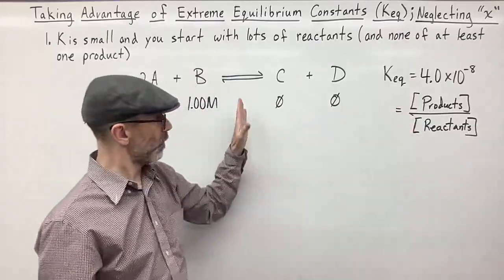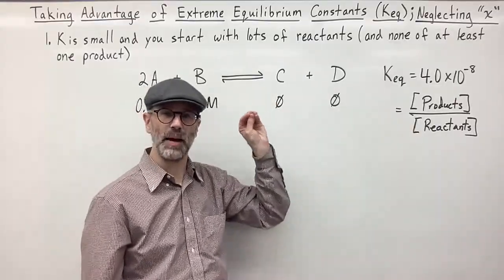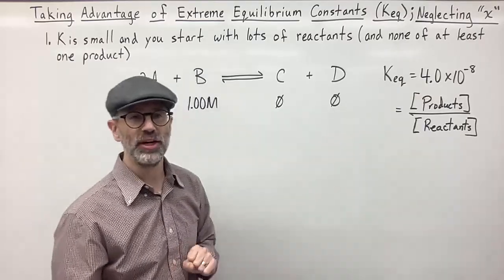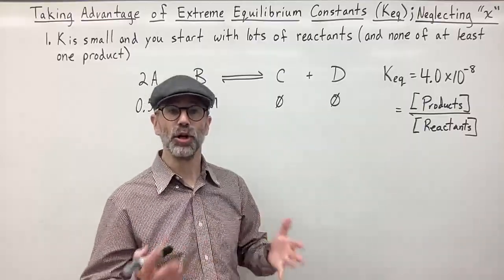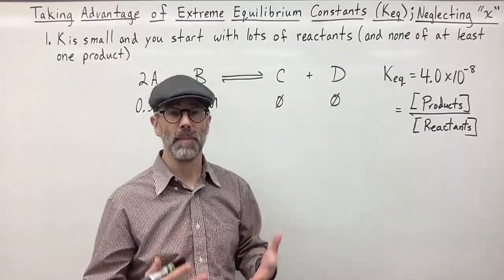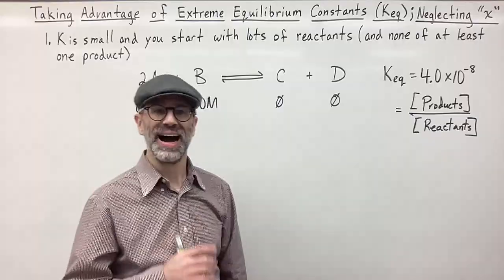So we are going to use that to our advantage to solve this particular type of equilibrium problem much more easily. Let's go ahead and set up our ICE table.